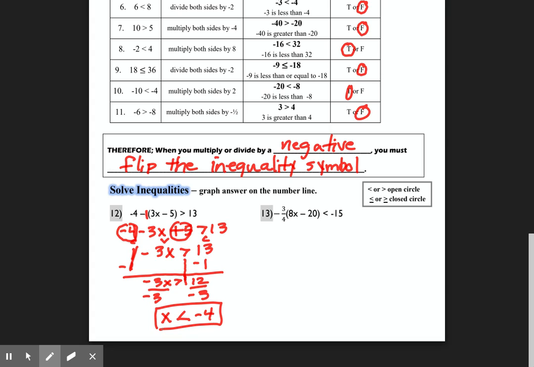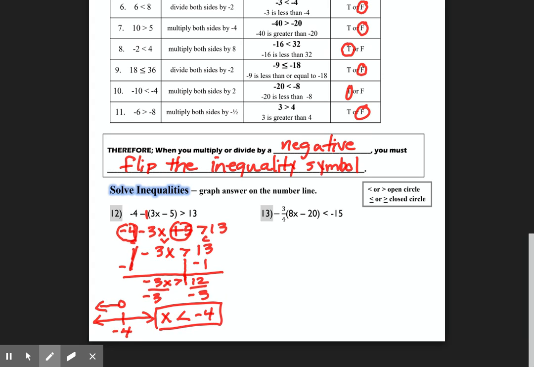So we'll just come over here, graph it on a number line. So we have our -4, and it's just less than, so it's going to be an open circle, and then it's going to go to the left. All right.